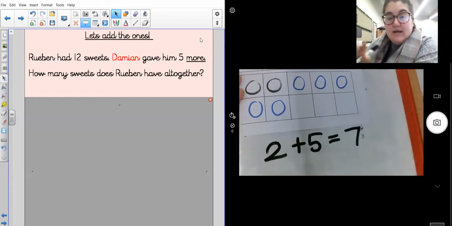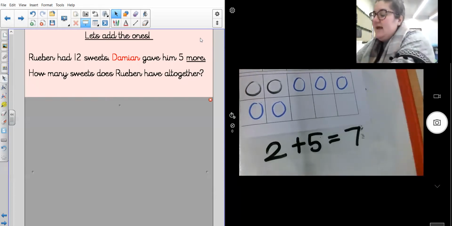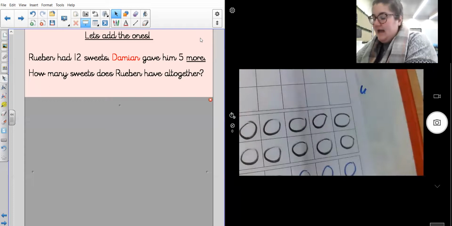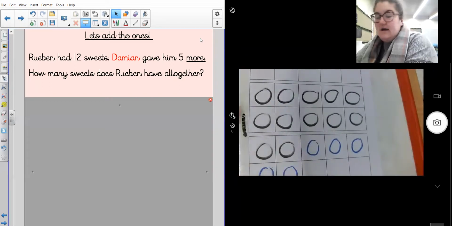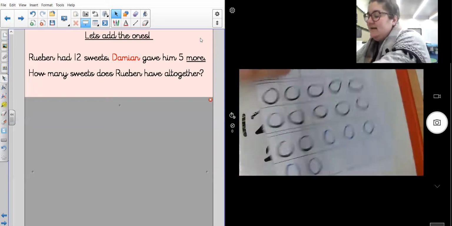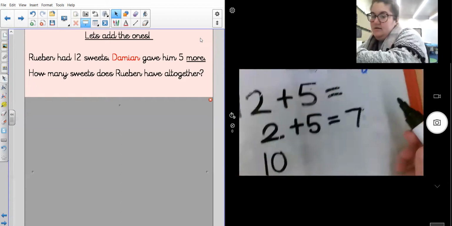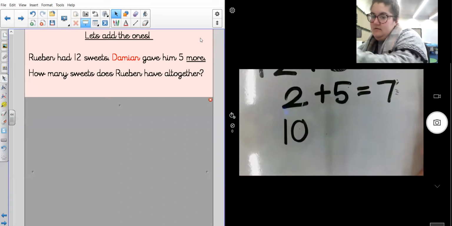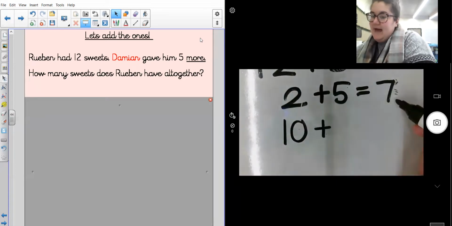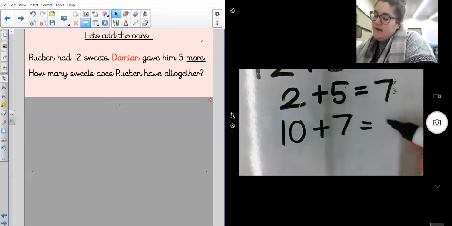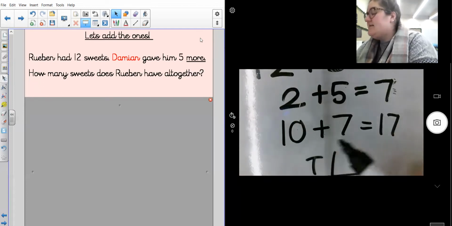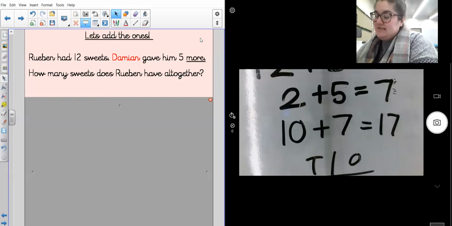Okay, and now I can do step 2, which is to add the tens, because if I look back at my representation, I can see I've got one group of 10. So I will now have the number 10. And to that number 10, I'm adding the ones. So my answer is 17, because I know 10 add 7 is 17.